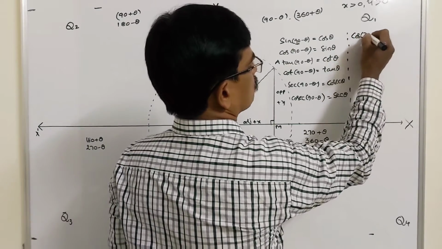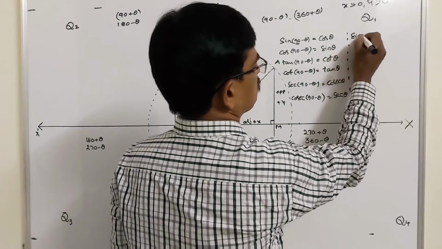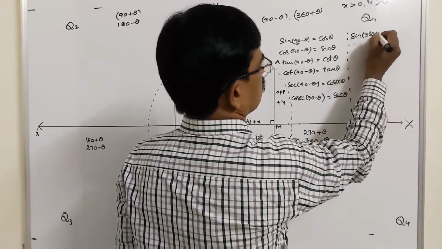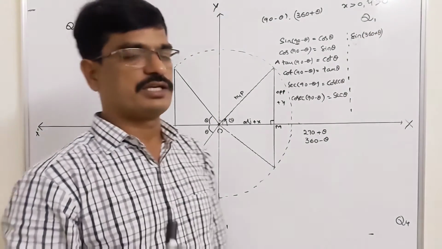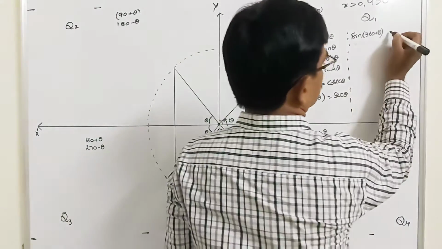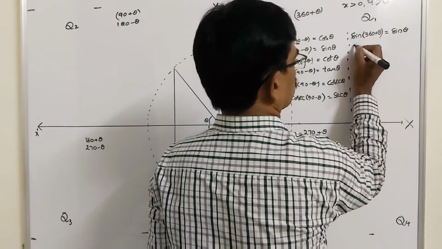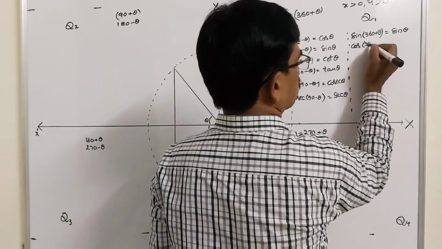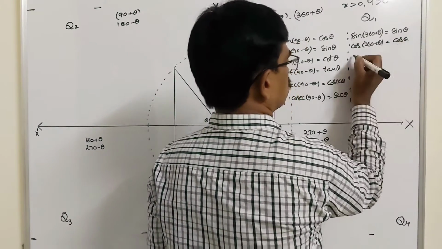Sine of 360 plus theta. 360 means 4 right angles. 4 right angles means an even number of right angles. Even number of right angles means sine of 360 plus theta becomes again sine theta. Cos of 360 plus theta becomes cos theta.